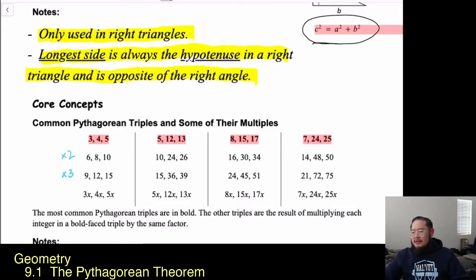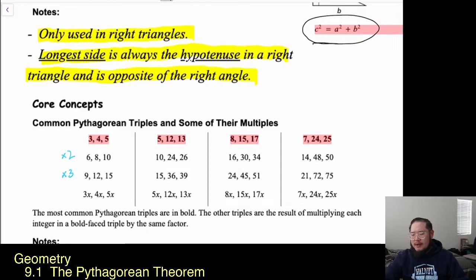We have 8, 15, 17, and 7, 24, 25. Once again, just know them. 7, 24, 25 is also another common one that is used throughout math. So you might as well just know it, learn it, memorize it, and then it becomes second nature.